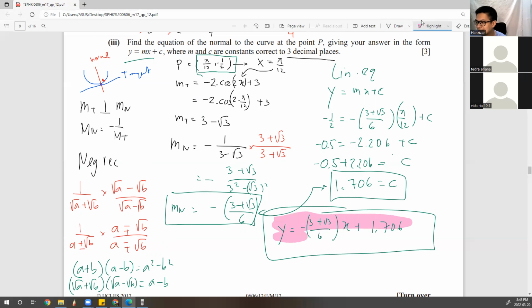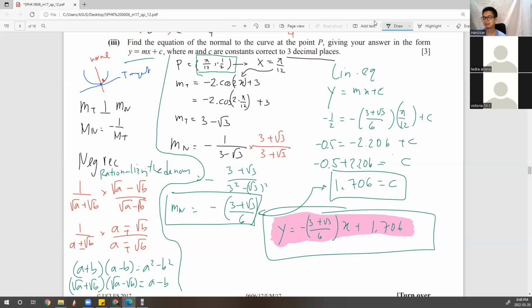Okay, question number 8, part 3. So this is how you do the rationalization: rationalizing the denominator, with the root on the bottom.